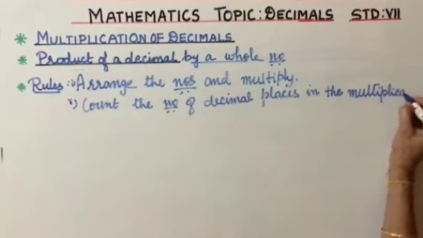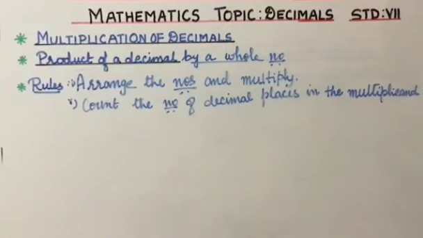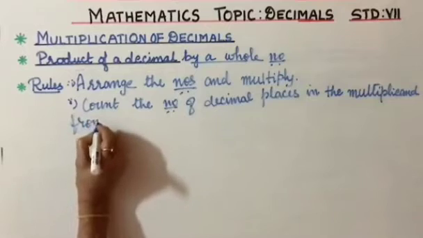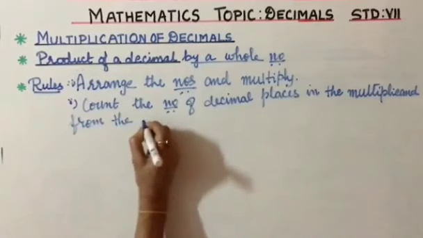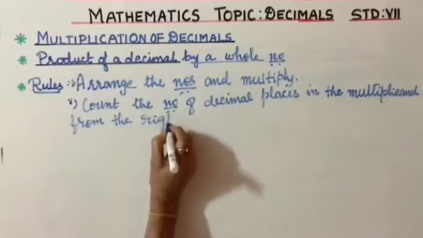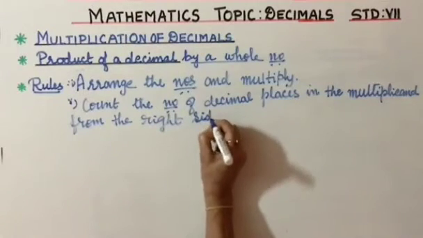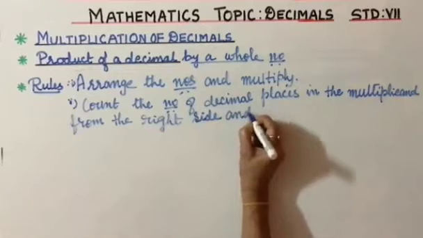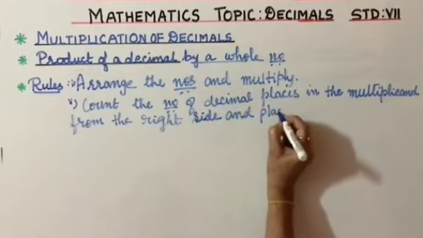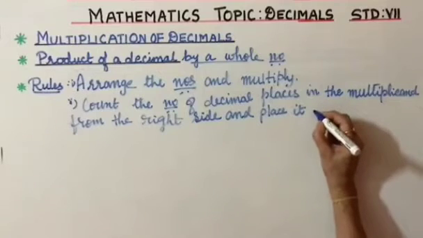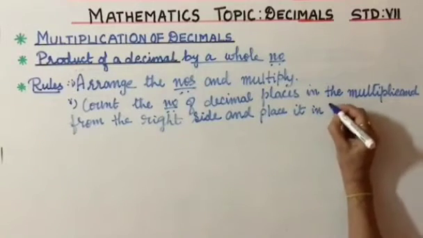Count from your right side, and place it, which means place the decimal point in the product.